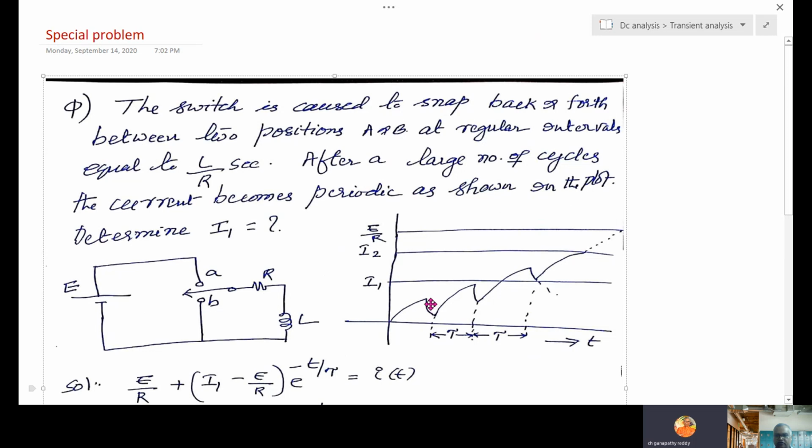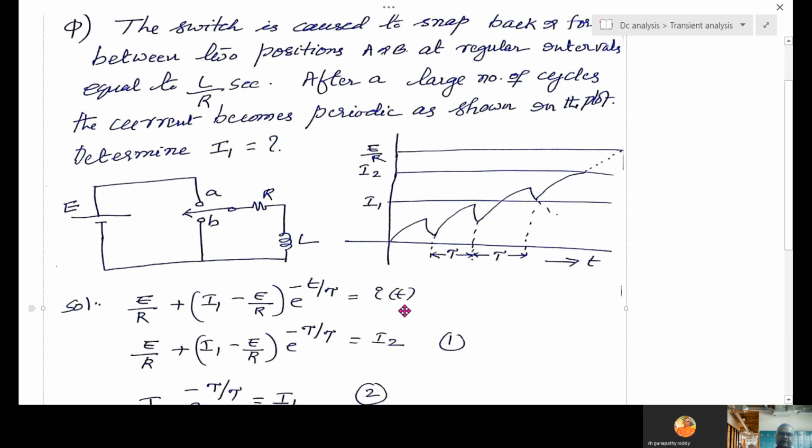So it reduces to some value, again connected to A it increases, again decreases, again increases. At one stage it reaches steady state, oscillating between I2 and I1. You go to I2, again come to I1, like that. So he's asking what is the value of I1.